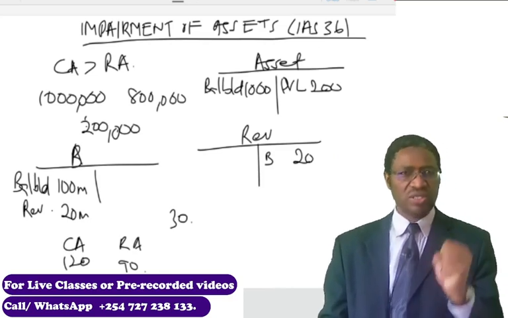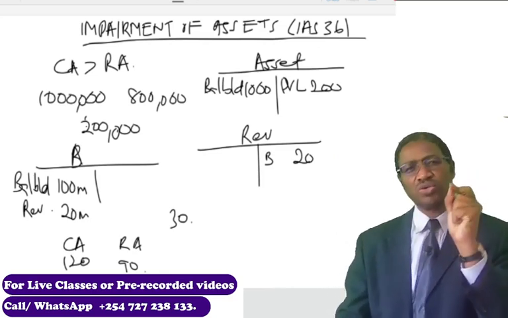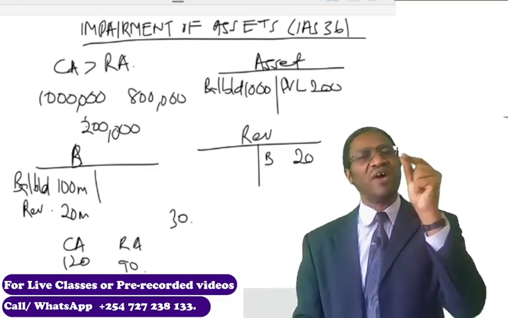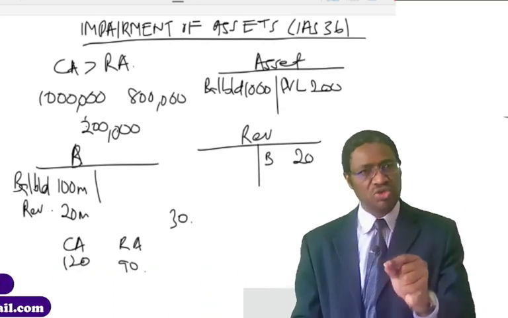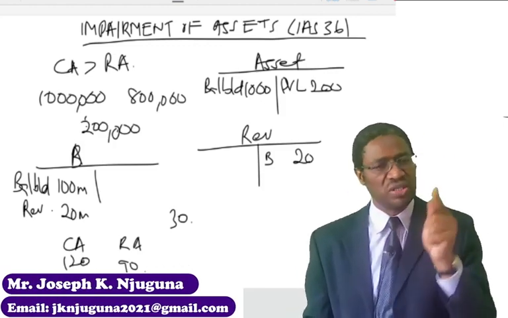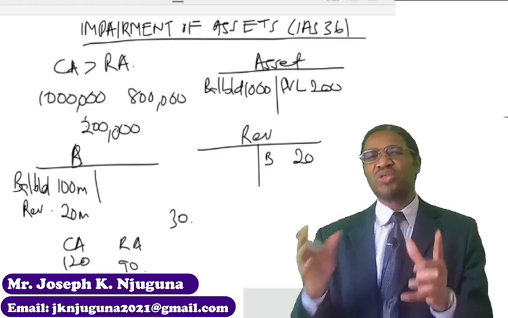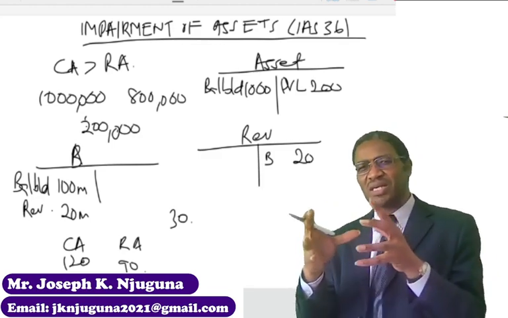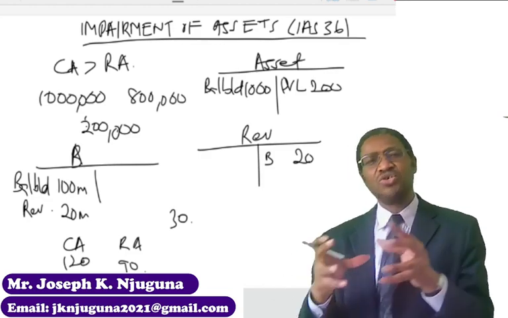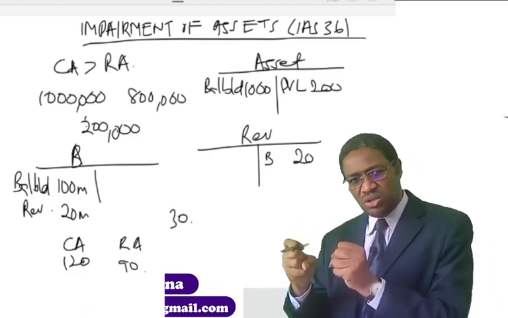In other words, first, you consider that 30 million as a revaluation decrease, meaning to the extent that the asset has a revaluation reserve, you eliminate that revaluation reserve.